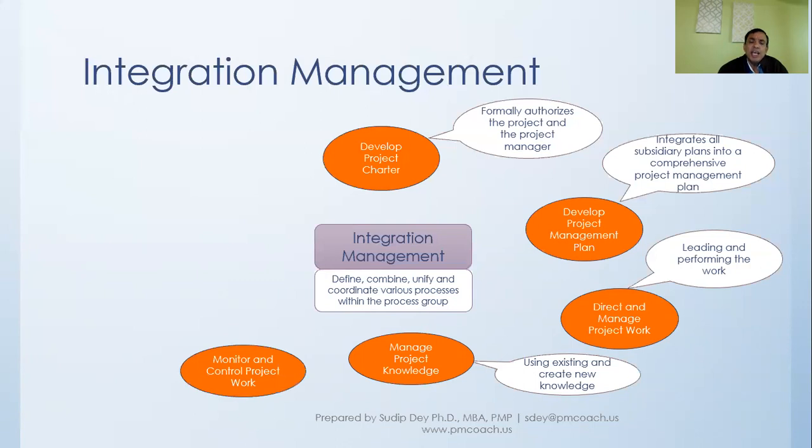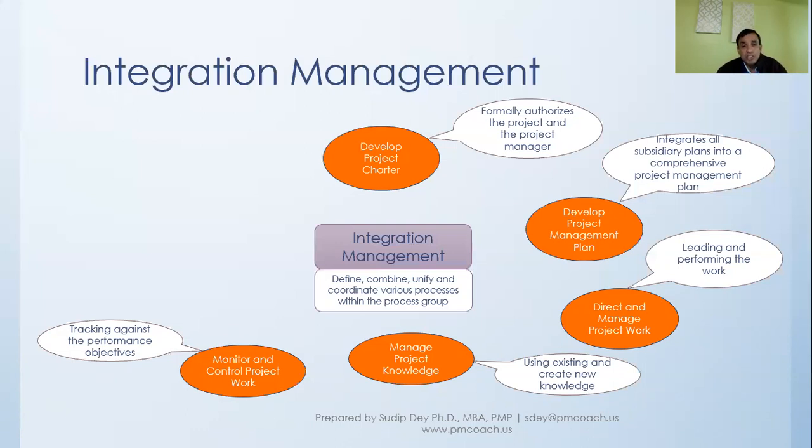Then we have what is called monitor and control project work. It is when we come across monitoring and controlling, again a process group, which is about tracking that we are doing according to the plan and seeing, if there is a deviation, what the deviations are and what needs to be done.